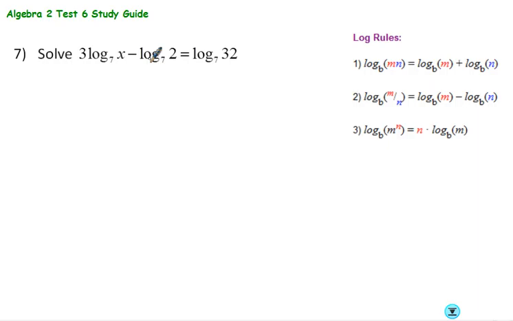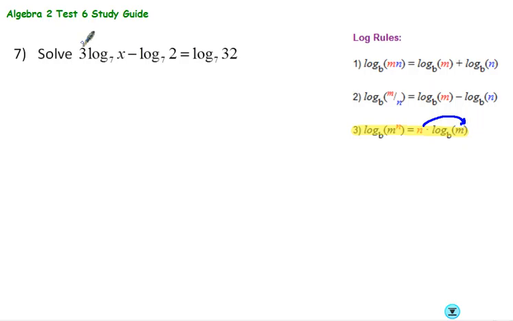Now again, there are some rules that tell me how I can combine things. The first thing you might notice is there's a 3 out front. On the last one, we took the x as an exponent and threw it out front. But here we're trying to solve, so we're trying to compact things and put them together. So we're going to use the same log property, but the part that says if you have something out front and you're putting everything back together, you put it back as an exponent.